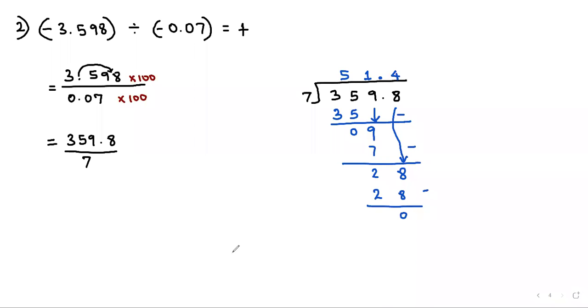Okay. So therefore, negative 3.598 divided by negative 0.07, the answer will be 51.4. Understood?